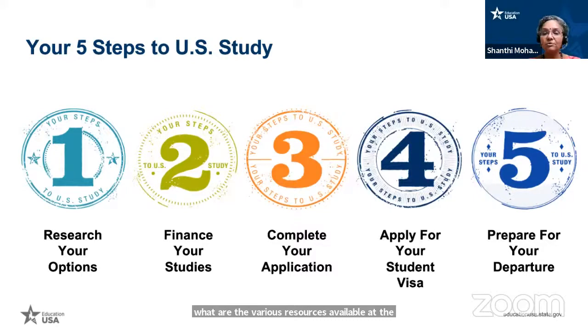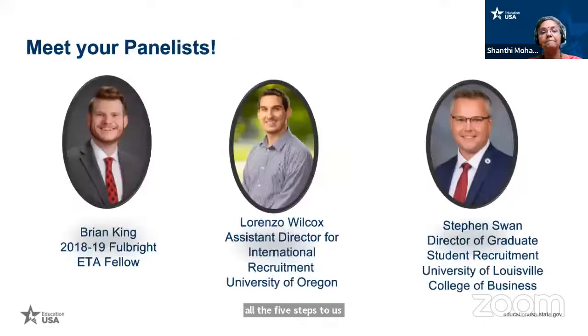Step 3 is the most crucial step, and our entire App Camp series will address the various components of a US university application. By preparing a robust application, you can be sure that you will be able to get a good number of admissions. After successful admissions, you will go through step 4, which is preparing yourself to obtain a student visa. And once you have a student visa in hand, it'll be step 5, where you prepare to leave the country. All the Education USA centers across India and across the globe provide students with the right resources for all 5 steps to US study.